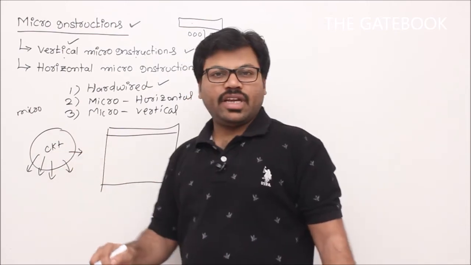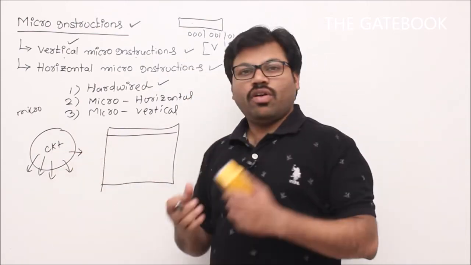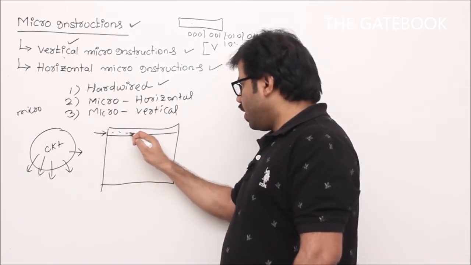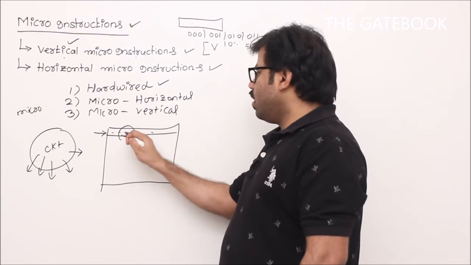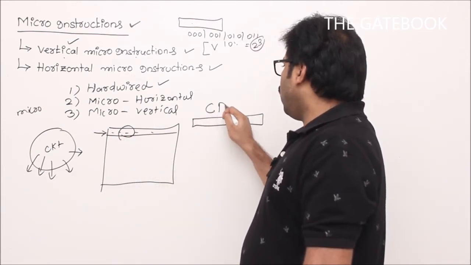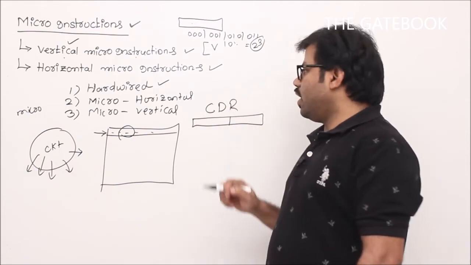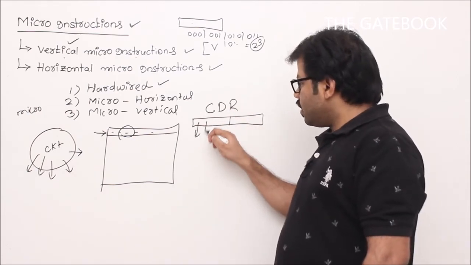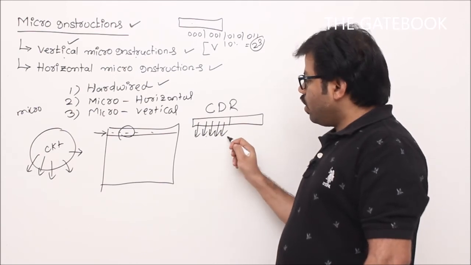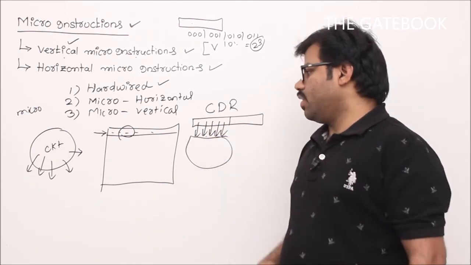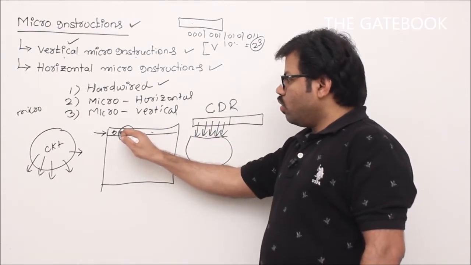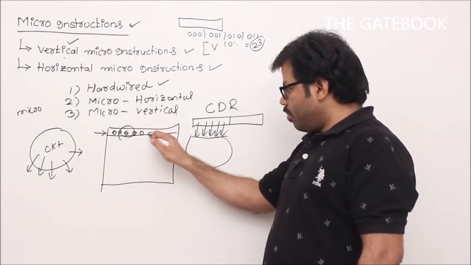But here, to perform one micro operation, we have to go to one micro word, take it, and keep it in the control data register. After that, we have to generate the signals, correct? For that we have to give it to a circuit again. So there are two levels, right? First of all, we have to fetch the instruction from the memory.